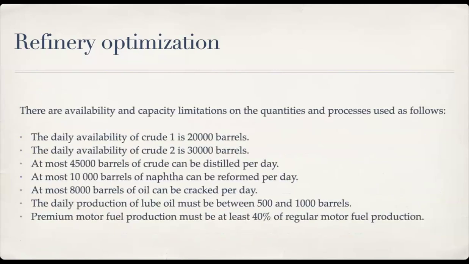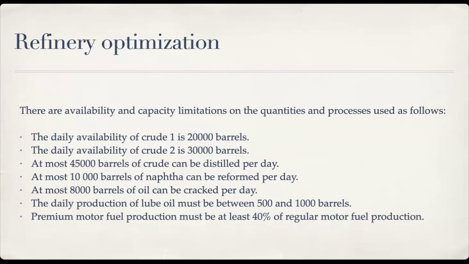Then there are the availability and capacity limitations. The availability of crude 1 is 20,000 and of crude 2 is 30,000. At most, the capacity of the distillation process is 45,000 barrels per day.